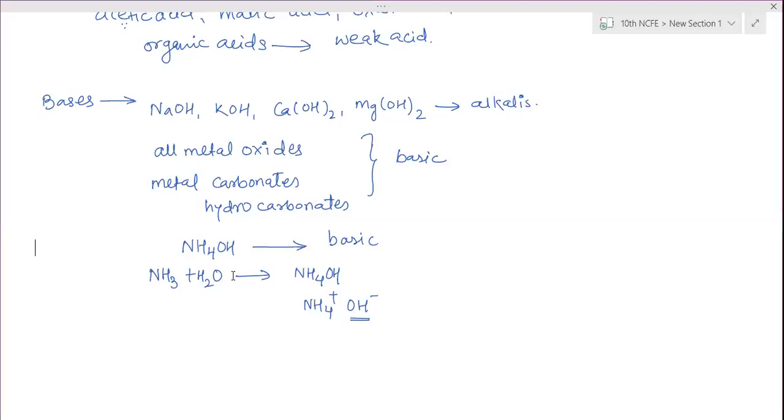Then the same question can be asked for CO2. Then what will you write? The same thing can be considered in terms of CO2. Can you write the answer?